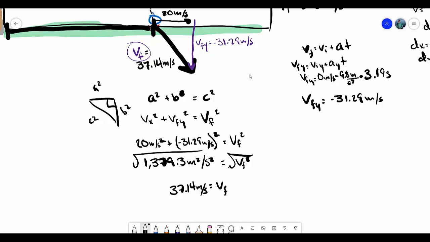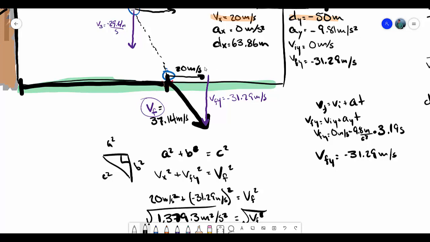So that's a combination of the velocity along the x and the velocity along the y. Hopefully that makes sense, because if you look at this drawing, this makes a hypotenuse, and the hypotenuse is going to be the largest side. You have one side that's 20 meters per second, and another side that's about 31.29 meters per second.